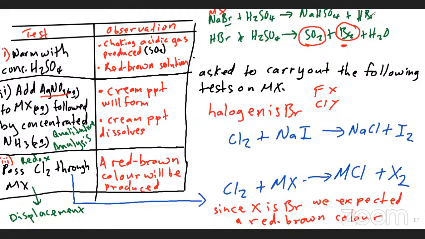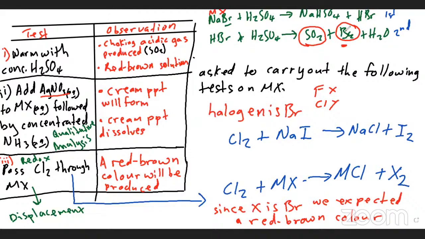You get hydrogen bromide in the first part of the reaction, and in the second part, the HBr reacts with sulfuric acid to give SO2, Br2, and water. There are two reactions: this is the first one and this is the second one. Because we know that X is bromine, that is why we know these two products would be produced.